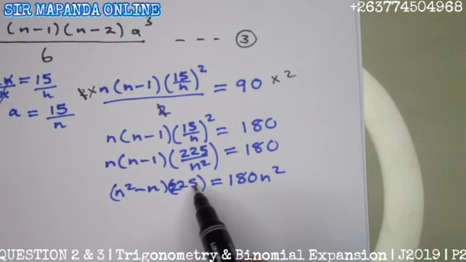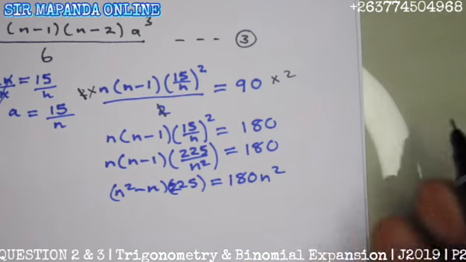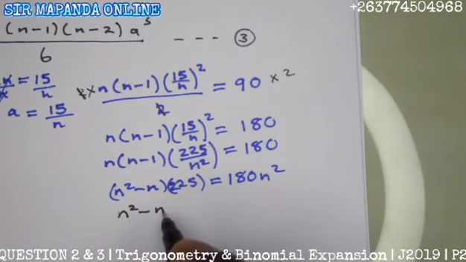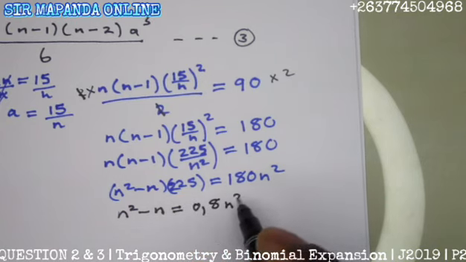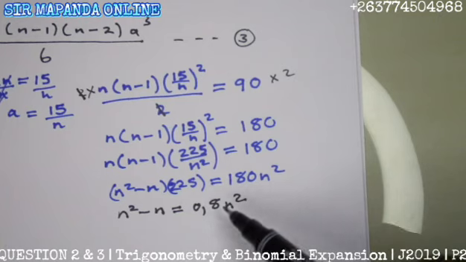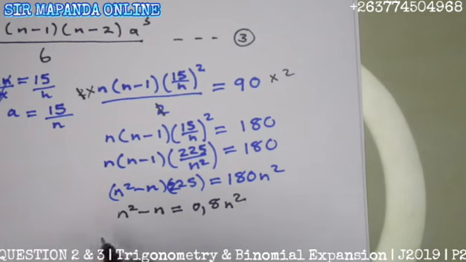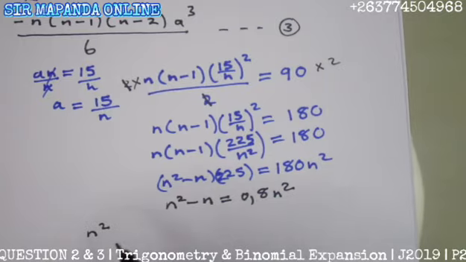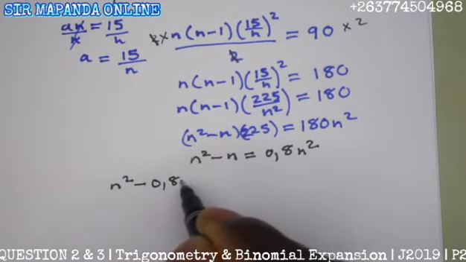Then 225 into 180, you get 0.8. So you now have n squared minus n is equal to 0.8 n squared, dividing both sides by 225, right? Let us collect the like terms. N squared is going to be a like term with 0.8 n squared.